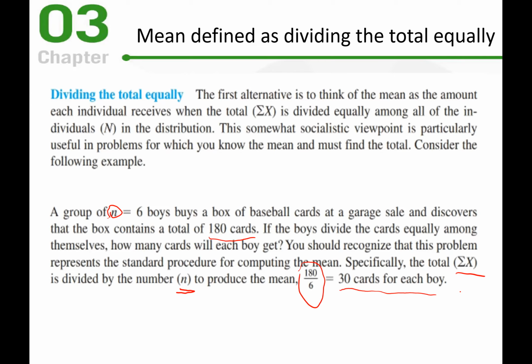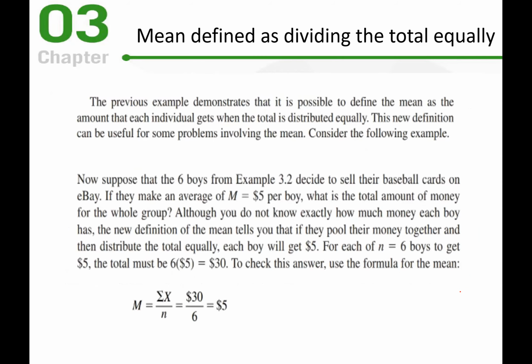So the mean is defined as dividing the total equally. In that previous example, it demonstrates that it's possible to find the mean as the amount that each individual gets when the total is distributed equally.